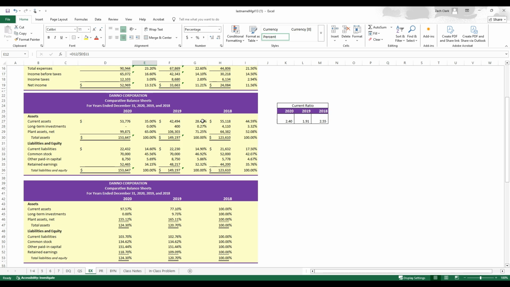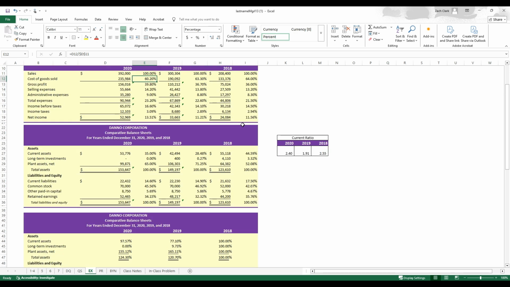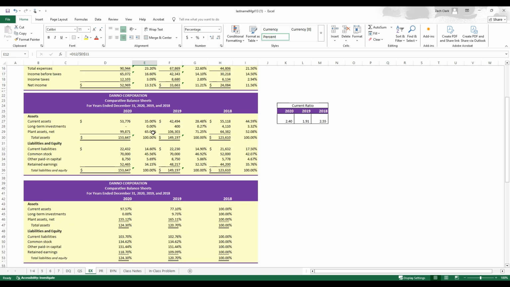Let's look down on the balance sheet here. On the balance sheet, we've got current assets as a percent of assets, dropped down in 2019, but then came back up. So it's relatively promising to see. And long-term investments went to zero, so you can see that trending off to be gone. Plant assets up.